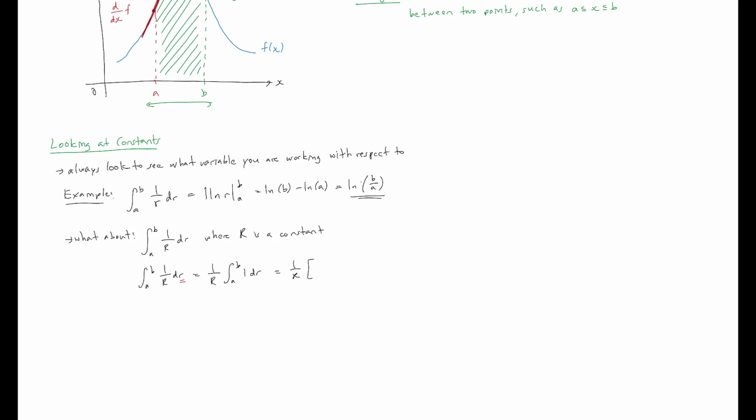Just like if you differentiate x, it's just going to be 1. So we have r from a to b. That gives me 1 over capital R, times b minus a.